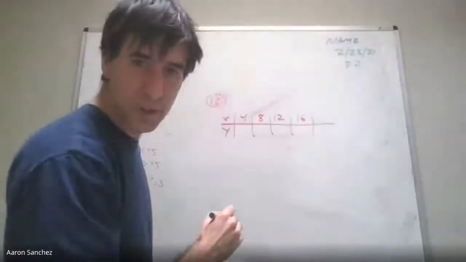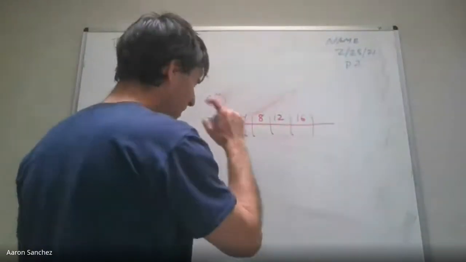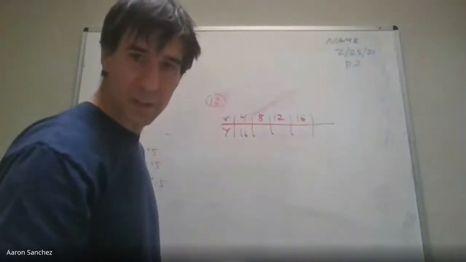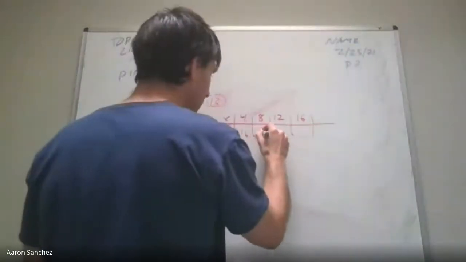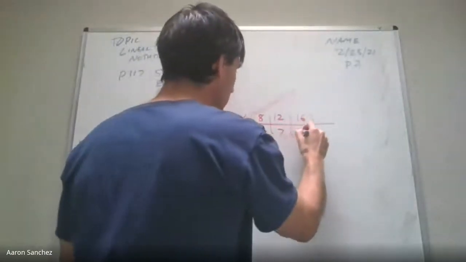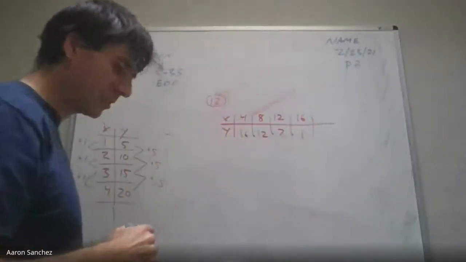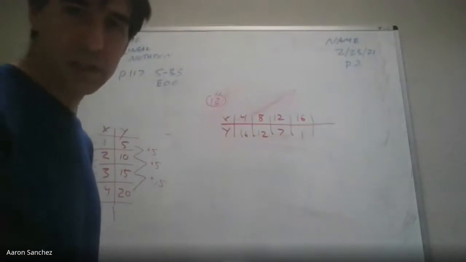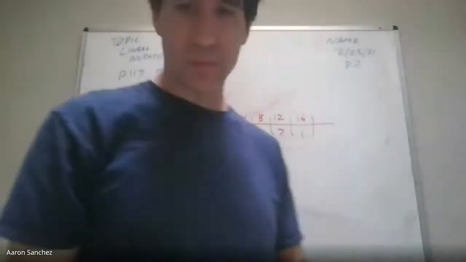And then we have here 16, 12, 7, 1. Okay, so let's see if this is linear.